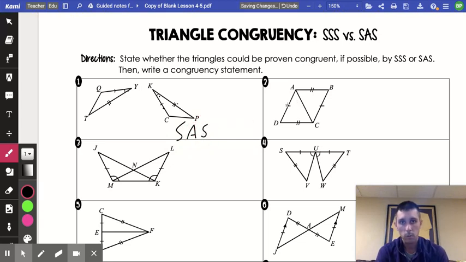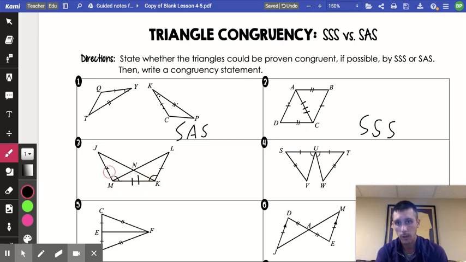What about this one? We only have two sides marked, but what can we say about AC? It can be reflexive. So one side, two side, three side, side, side, side. Number 3. So we have this big triangle, JMK, and then LMK. What side do we use on both?